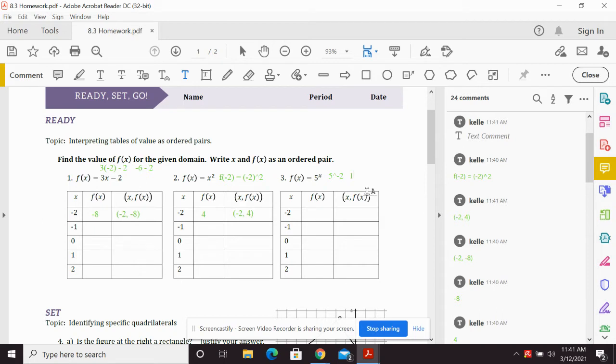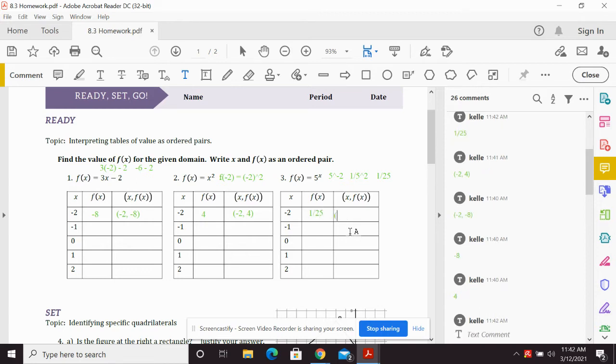So I have 1 over 5 squared, putting it in the denominator. 5 squared is 25, so f of x is 1 over 25. Then you'd write it as an ordered pair: x is -2, f of x is 1 over 25.